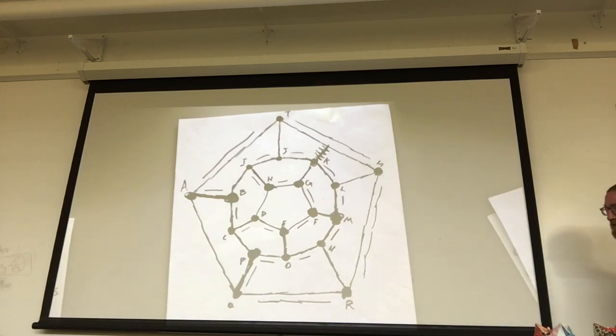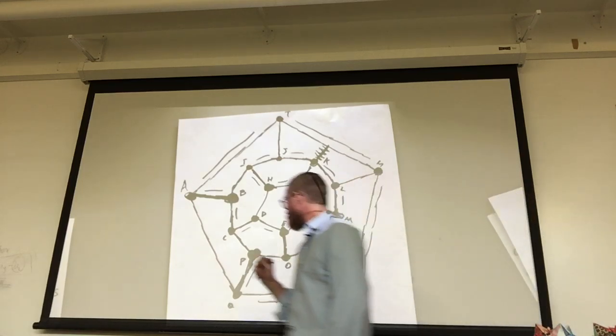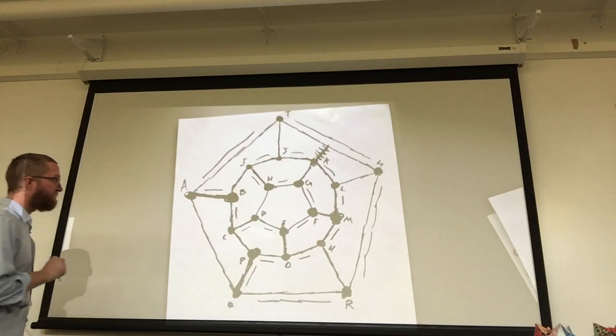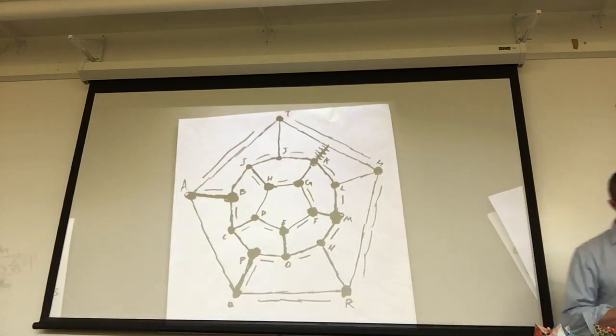Okay, so y'all see how I drew these dash marks on this thing? Is there a way that I can start going around this and actually get to every single vertex without repeating a vertex? What was the other condition? Okay.